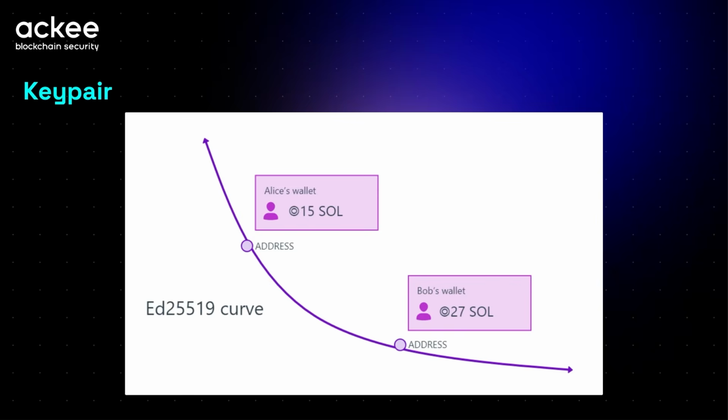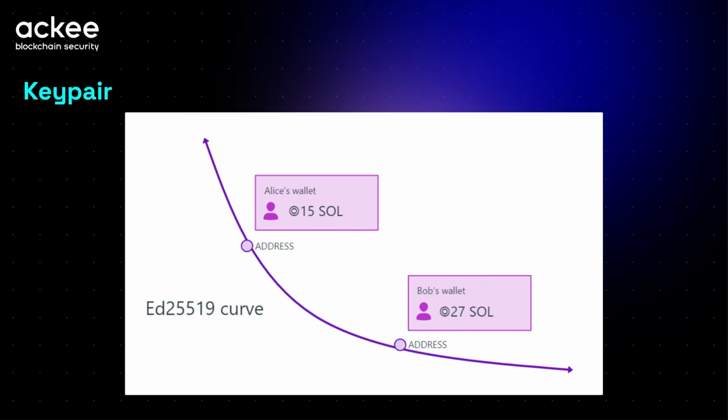Let's now continue about what are the differences between the key pair and the PDA. As you can see in the picture, let's consider the curve. It is basically the elliptic curve where all of the public addresses, or public keys, land on. Private key is just some random scalar number that is used in order to create the point on the curve.